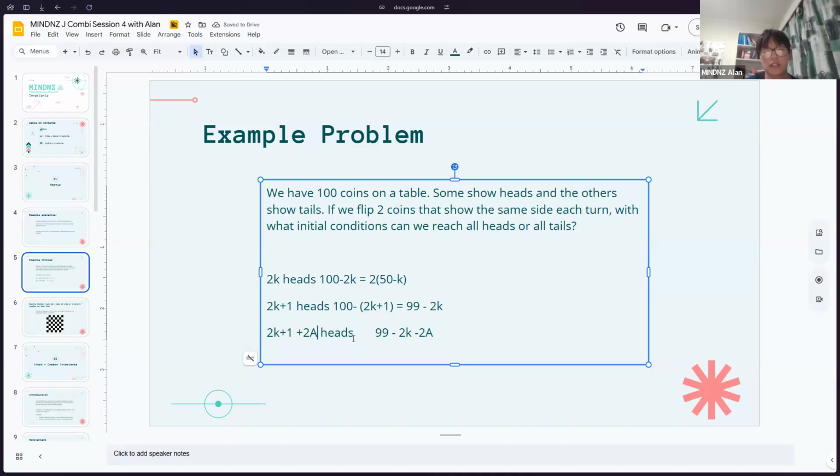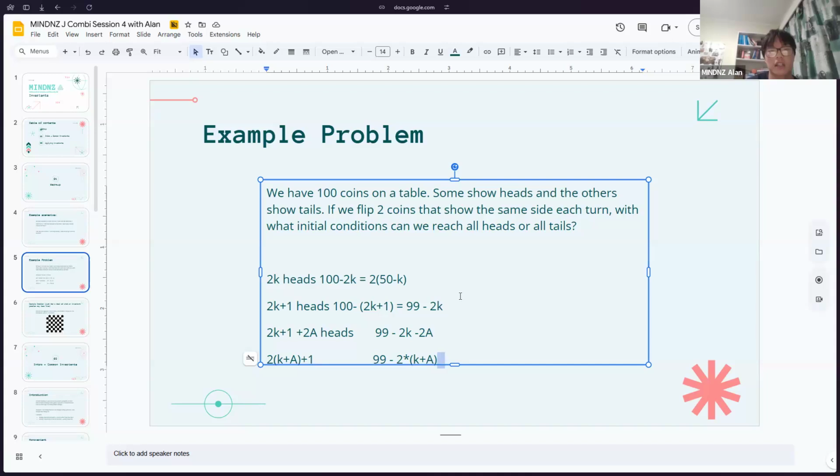And then as we can see, we can just factor this into 2 times k plus a plus 1, which is odd, right? And then 99 minus 2 times k plus a. So we have 2 odd numbers after performing some number of moves on heads and tail coins.